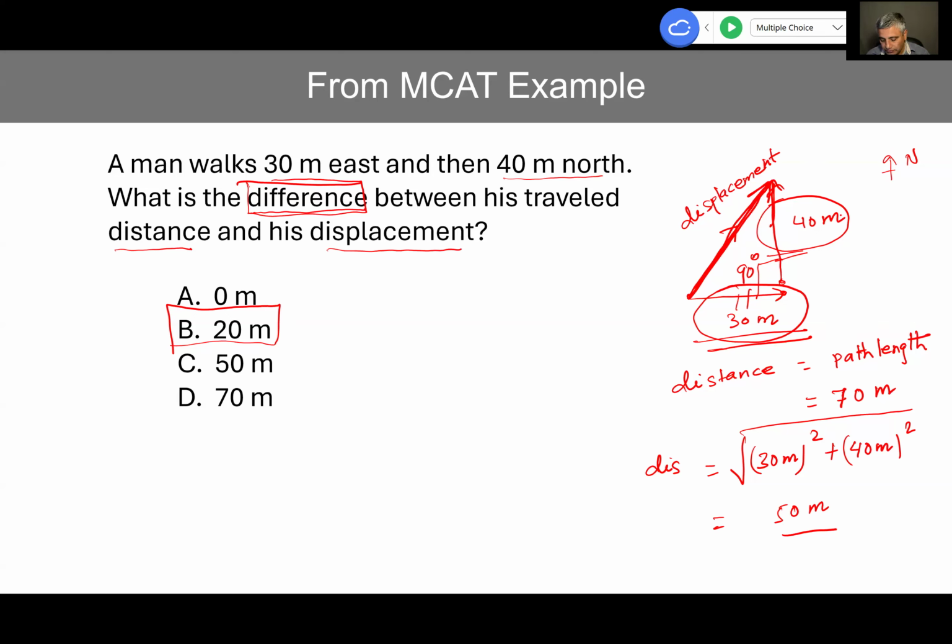So the sum of these two vectors, 30 and 40, is this displacement vector here. So 30 plus 40 is 50. Kind of interesting math, isn't it? That's why we say it does not follow the numbers.